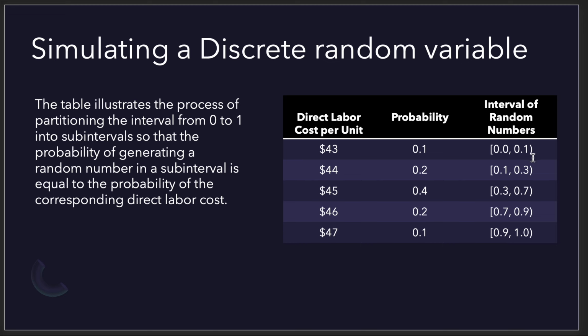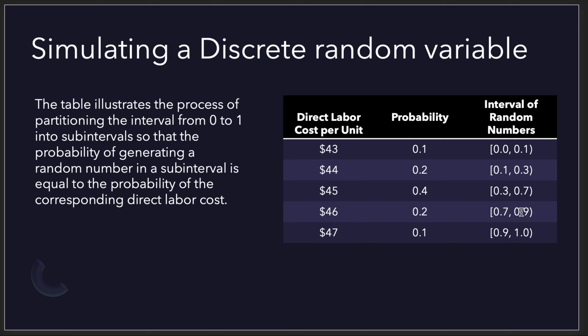Between 0 and 0.1, the length is 0.1. 0.1 to 0.3, the length of the range is 0.2. 0.3 to 0.7, the range is 0.4. 0.7 to 0.9, the range is 0.2, and 0.9 to 1, the range is 0.1, right? So you have to divide up the interval between 0 and 1 into these sub-intervals.